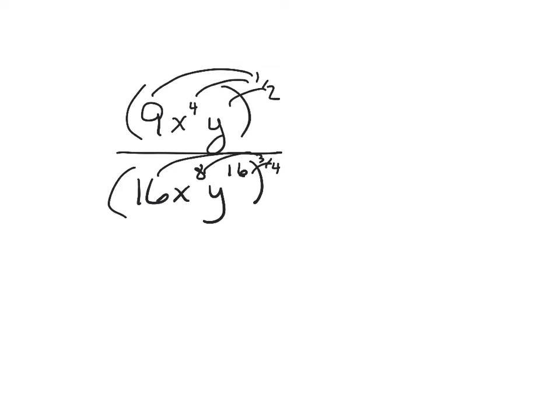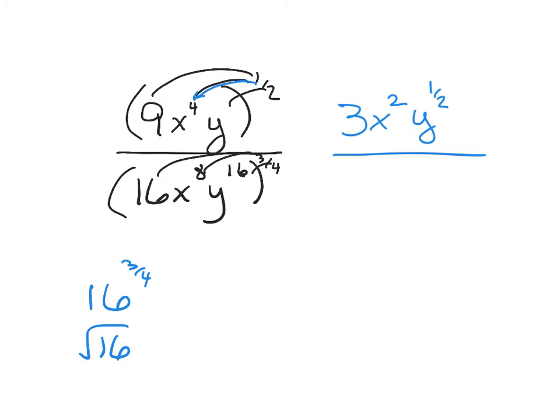So if I do 9 to the 1/2, so that'll be a 3, and then x to the 4th raised to the 1/2 is x squared, and then this just becomes y to the 1/2. Then in the denominator, I'm doing 16 to the 3/4, which is the 4th root of 16, and then I cube it. So then this becomes 2 to the 3rd, which is 8.